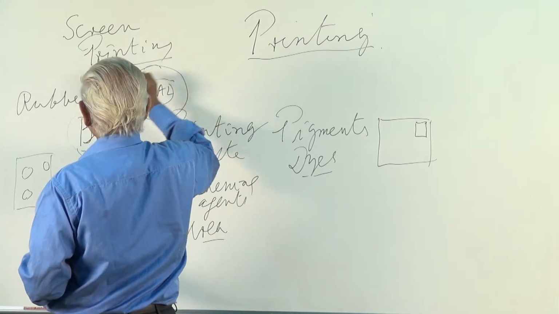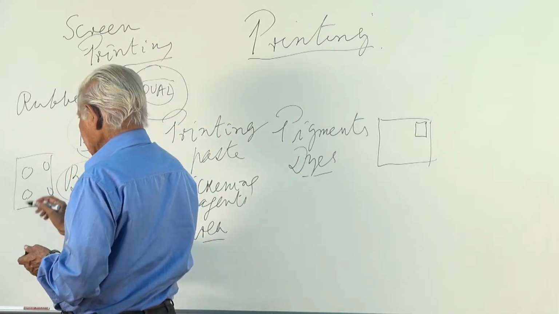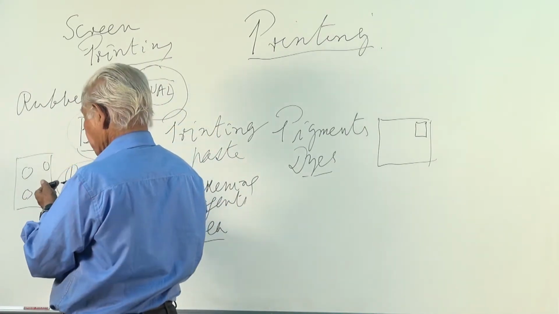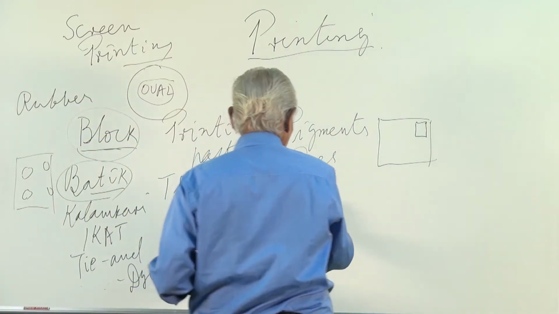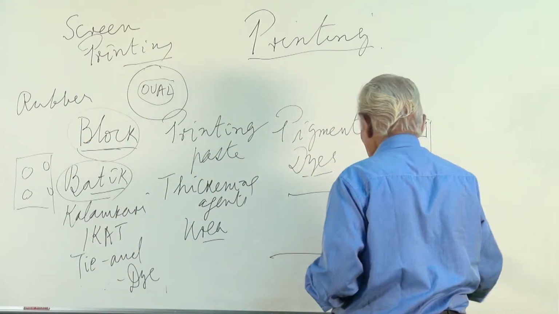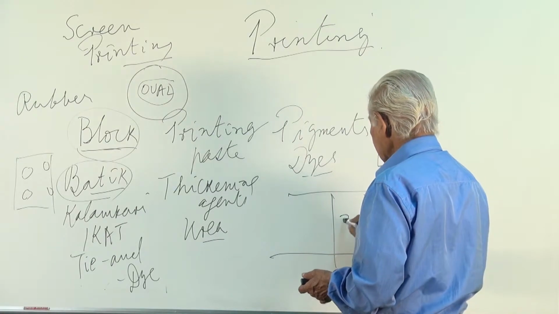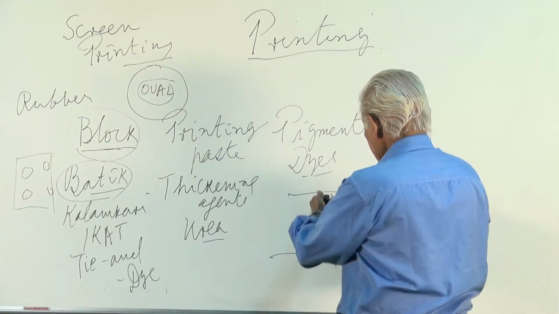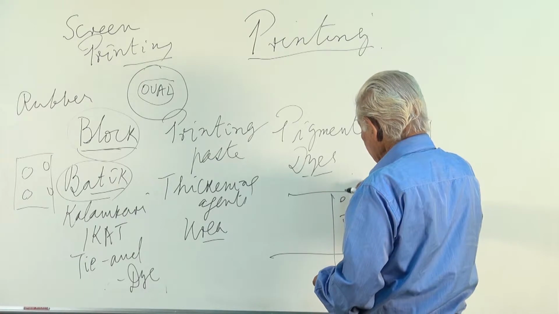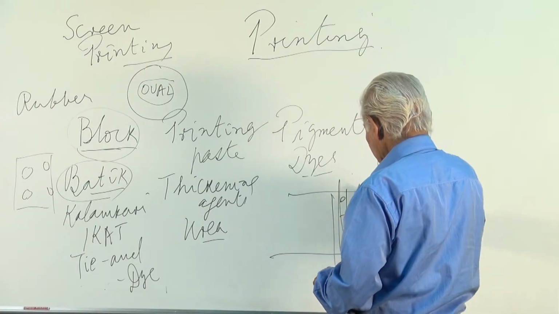In screen printing, a screen which contains the design is used, and the fabric is laid on a table. Suppose this is a screen which contains the design. It is kept on top of that, and the printing paste is applied on the screen.